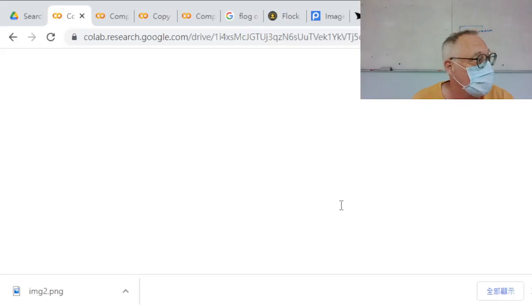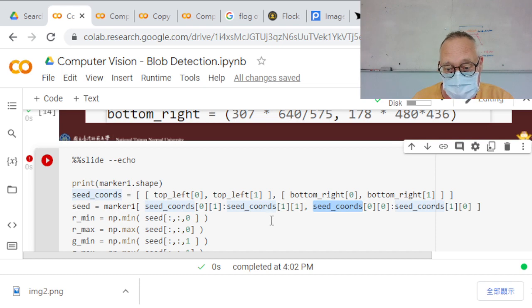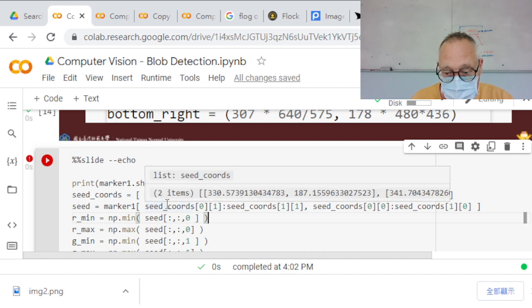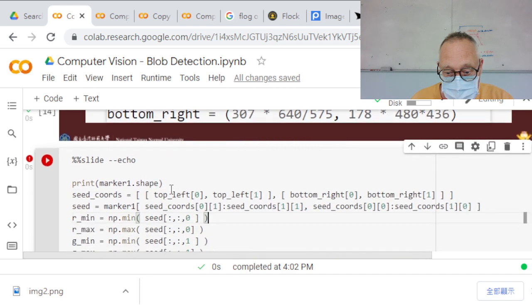Oh, whoa, okay, good. So why are the coordinates wrong?